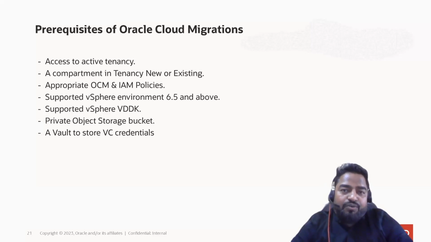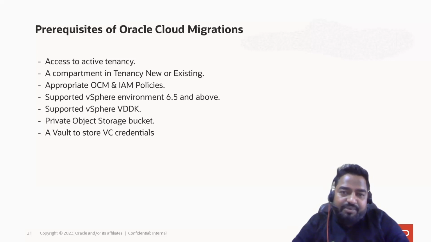We will cover these parts going forward. There is also automation we can use to set up your compartment and your OCM and IAM related policies, and we need to take care while setting up. Then our on-premises environment should be running vSphere 6.5 or above. Otherwise, it will not be supported.